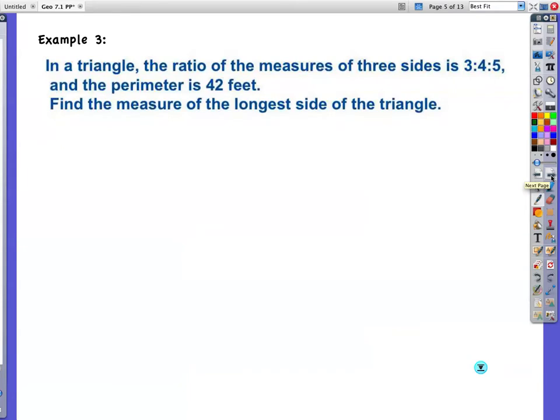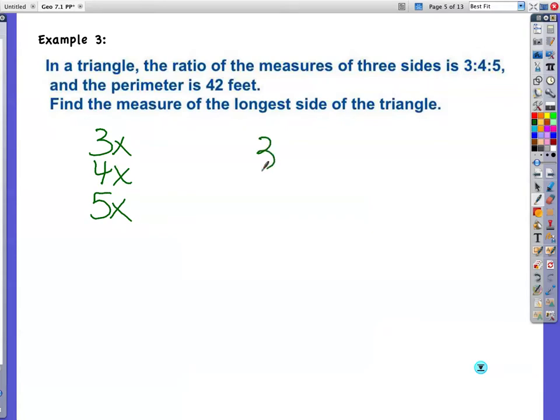Example number 3. In a triangle, the ratio of the measures of the three sides is 3 to 4 to 5, and the perimeter is 42 feet. Find the measure of the longest side of the triangle. So I basically have my parts 3x, 4x, and 5x. Once again, we're talking about a triangle, no surprise here.